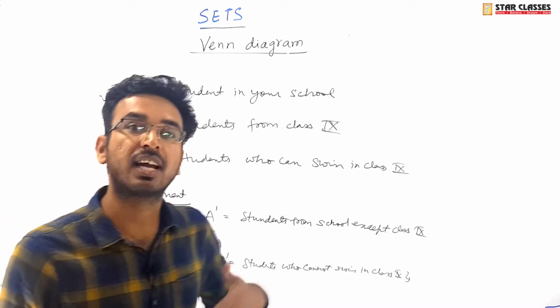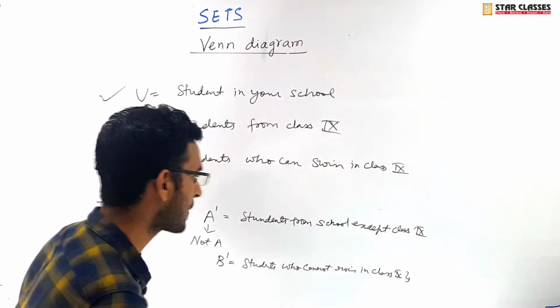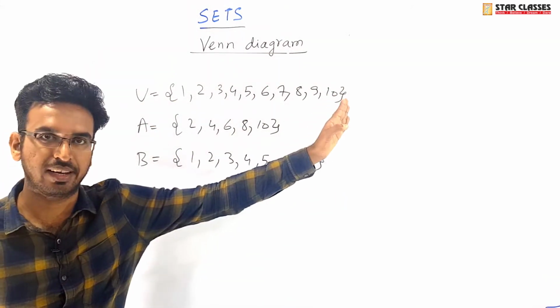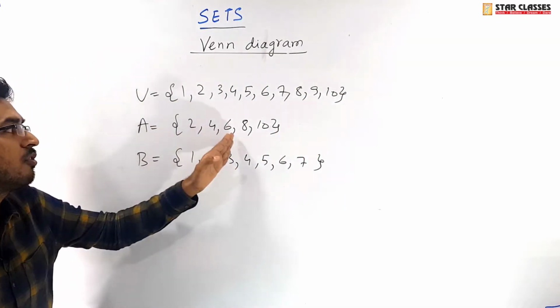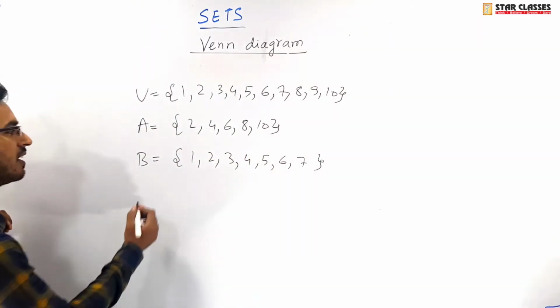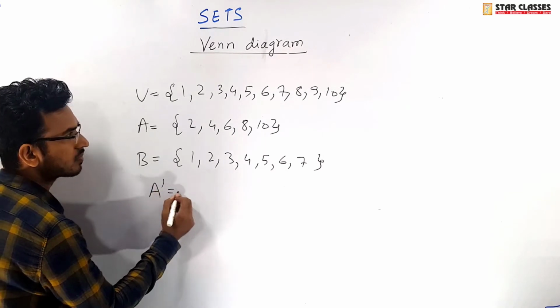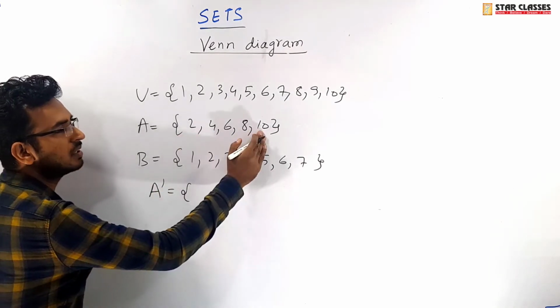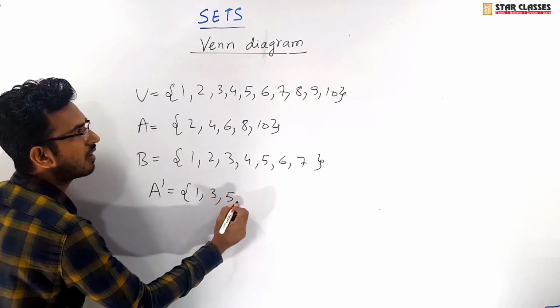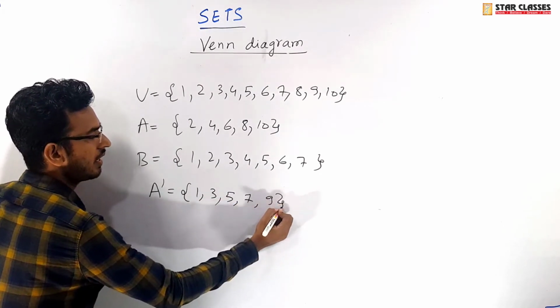Okay, so let us take another example of complement. Now your universe is 1 2 3 4 5 6 7 8 9 10. Set A is 2 4 6 8 10. Set B is 1 2 3 4 5 6 7. So if I say complement A, complement is leave all these numbers and write whatever is left in the universe. So 1 3 5 7 9.